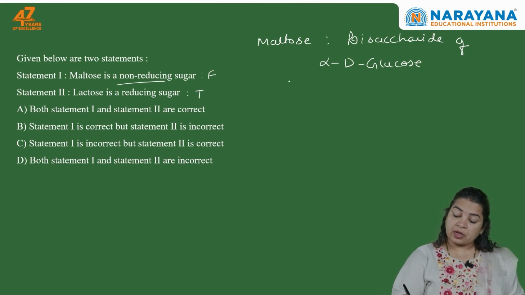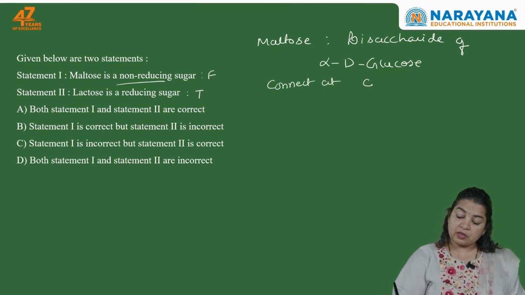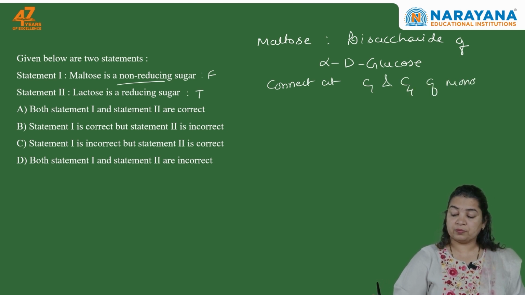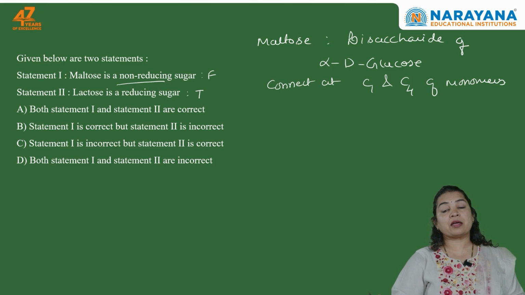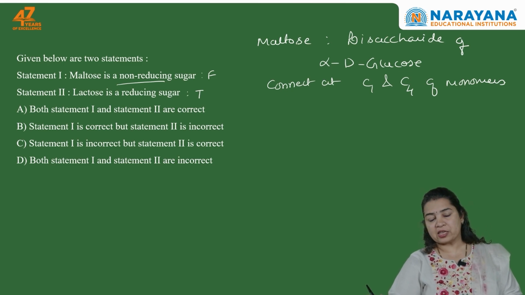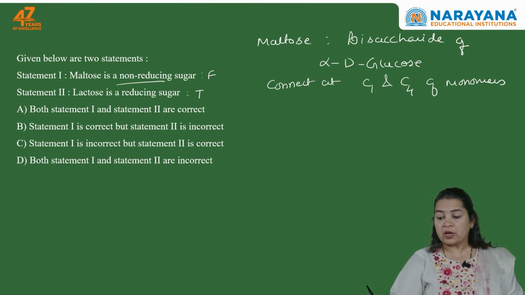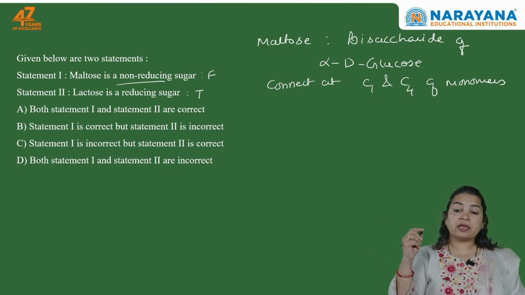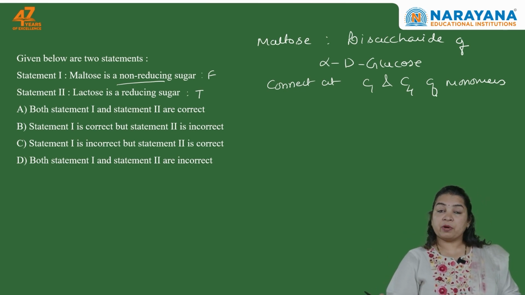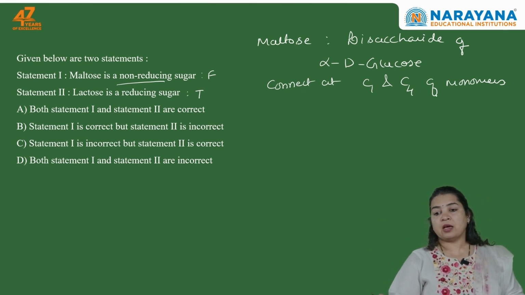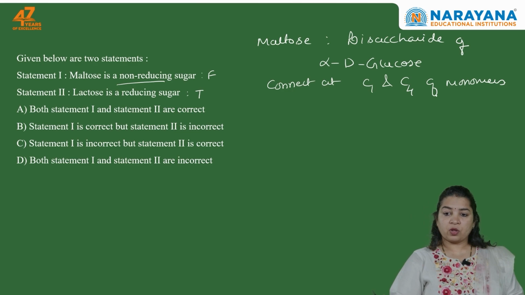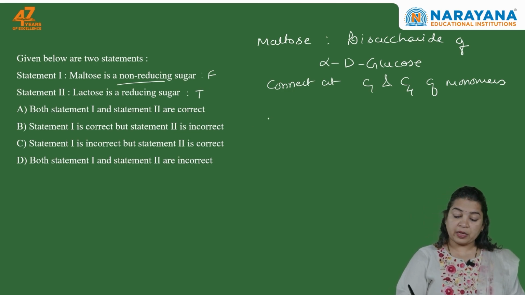They connect at C1 and C4 of the monomers. The glycosidic linkage is formed from carbon number 1 of alpha D glucose, and the bond is to carbon number 4 of the next alpha D glucose. Overall, it behaves as reducing, right? So that makes our first statement false.